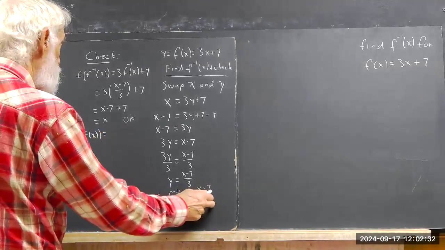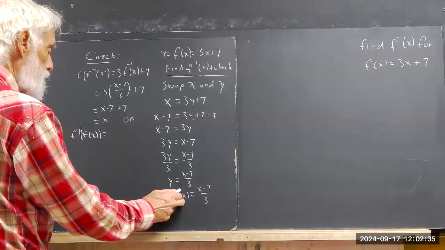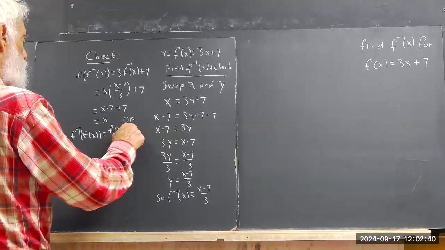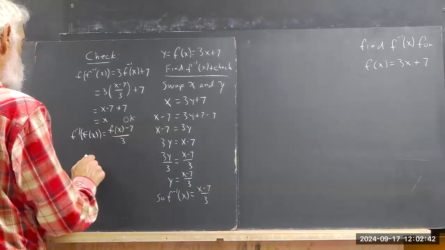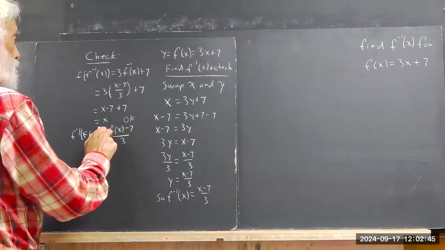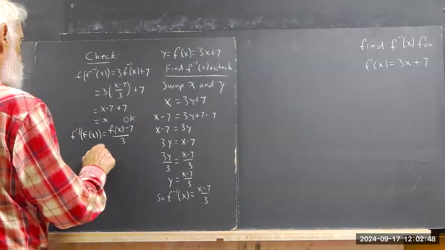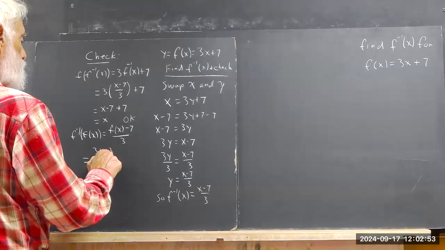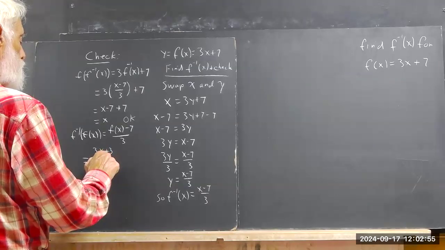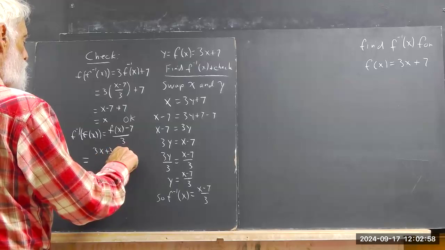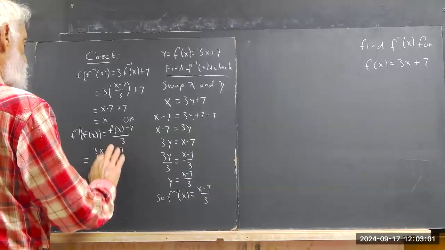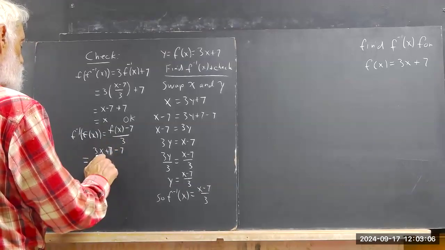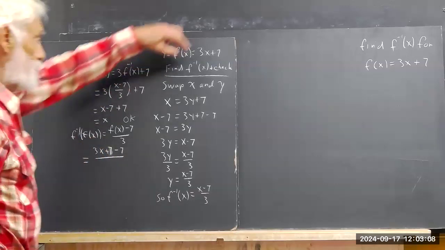We look at the definition of f inverse of x, replacing x by f of x, we get f of x minus 7 over 3. Of course, f of x is 3x plus 7.